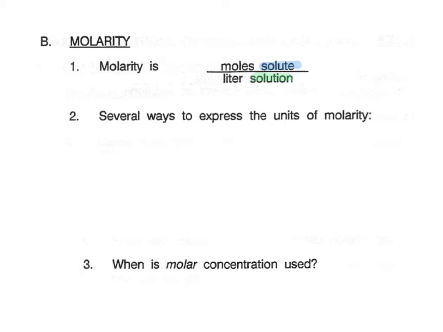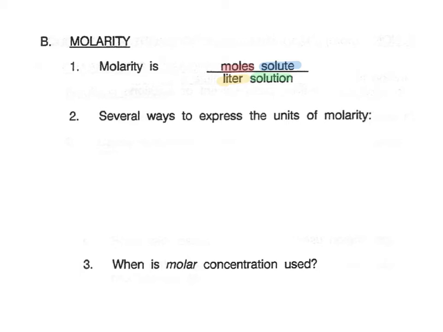We may be able to flip this over because this is a ratio, similar to the way that the percents were ratios, so you never know which one goes on top or the bottom. But when we write it out, molarity is defined as the moles of solute per liter of solution. And do notice that the units on this are liter, not milliliter. We saw in the percents that we had milliliters. In the molarity, it is liter.